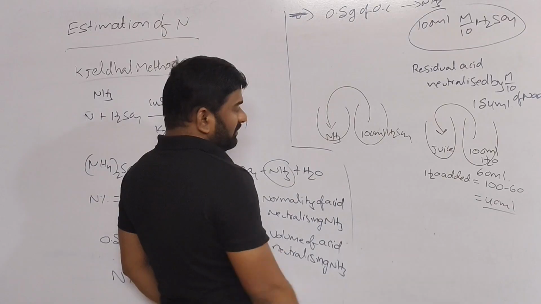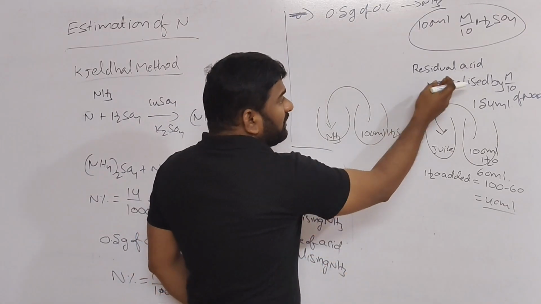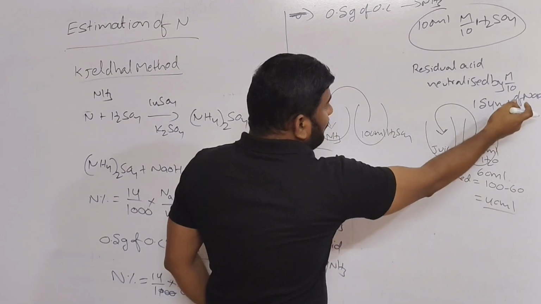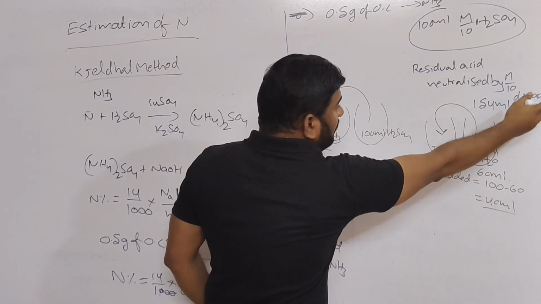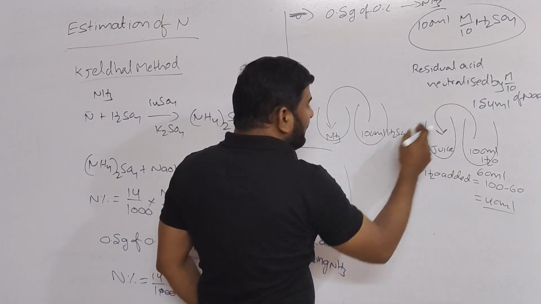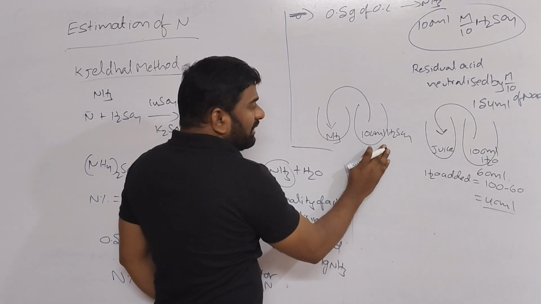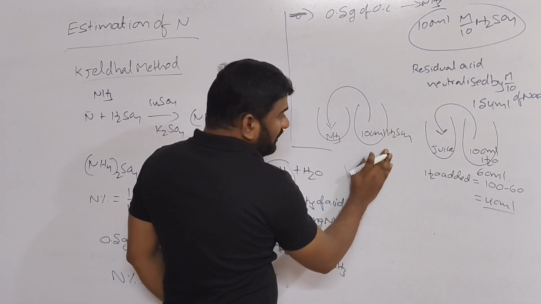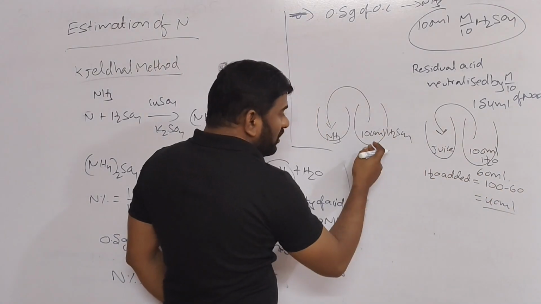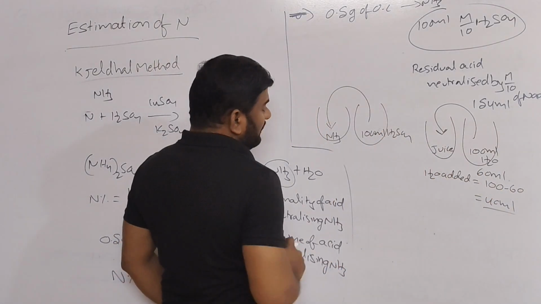To calculate that, they gave that the residual acid is neutralized by 154 ml of M/10 molar NaOH. By using this, we can calculate how much acid is left, like the 60 ml left here.